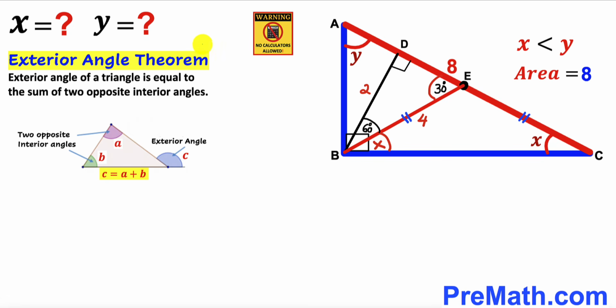Now let's recall the exterior angle theorem. According to this theorem, the exterior angle of a triangle is equal to the sum of the two opposite interior angles, as you can see in this diagram.